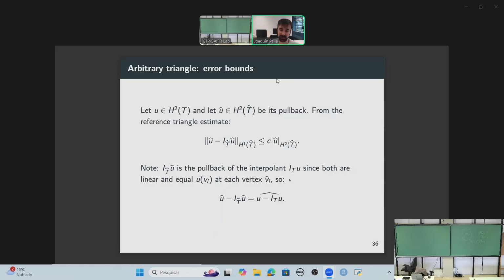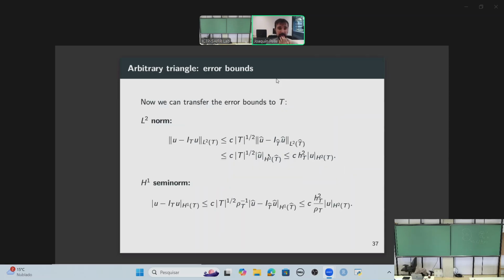So necessarily, since they have the same values on the vertices of the triangle, they have to be the same thing because they are linear. So essentially, we have this relation here. So knowing that this is just the pullback of u minus ITU, and knowing how to translate a norm on the reference triangle to the physical triangle, now we finally can transfer the error bounds to the physical triangle, right? And yeah, that is simply done in this way.